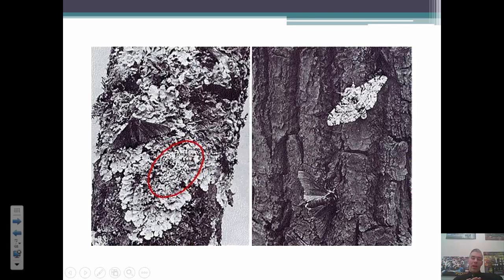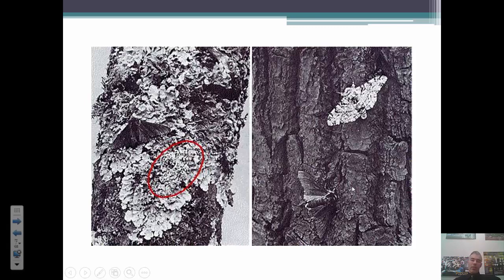Now, they like to kind of live on the lichens, and you can see the lichen is this stuff that's right here. Notice how you can barely even see it, but there's the lighter colored morph of the peppered moth blending in really well, but we can't really see this darker colored one. And when there is no lichen, you can definitely see the lighter colored one on the tree bark, but the darker colored one is not as visible.